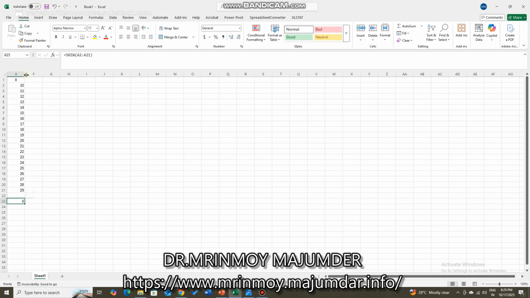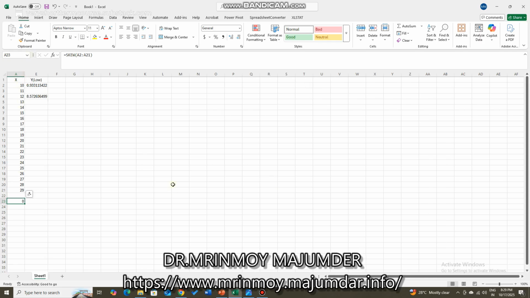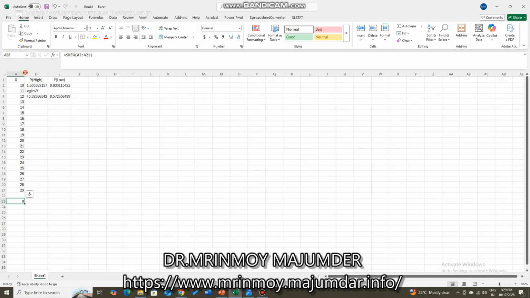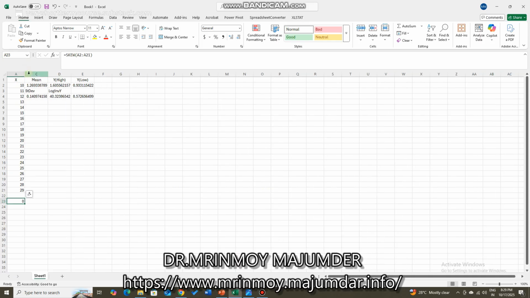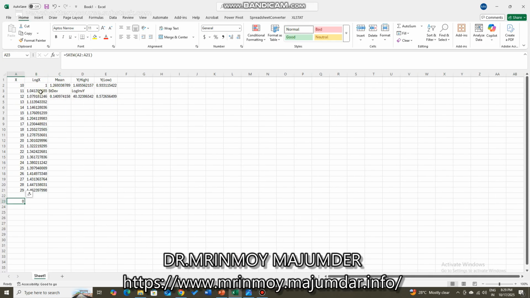Now the next step will be, you have to find the log of each of these values. In Excel, there is a log function. Just put log of this.